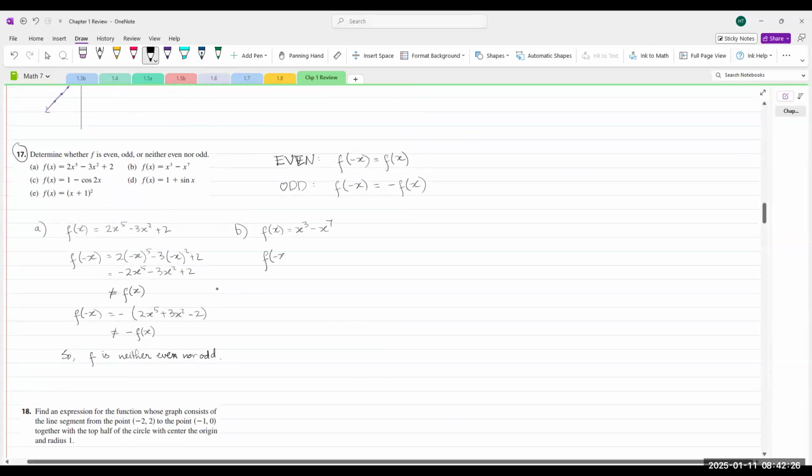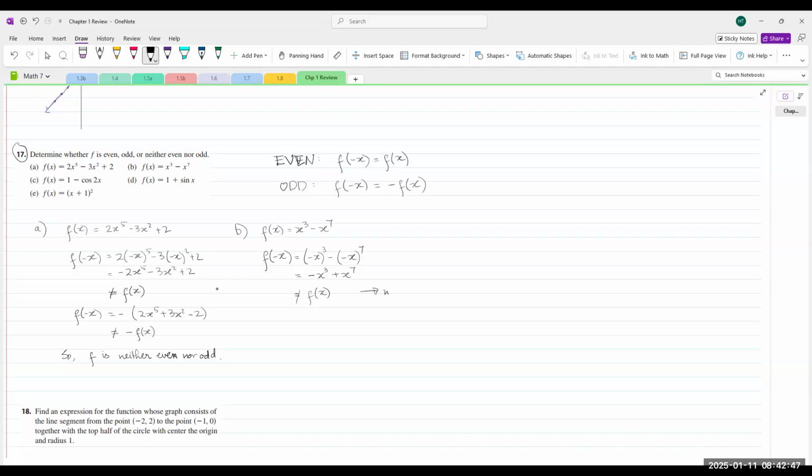So take a look at f(negative x), replace x by negative x, and simplify. Now, of course, we can see this is not equal to f(x). So from there we see that this is not even. But if I factor the negative out, I get this equals negative f(x). So f(x) is odd.